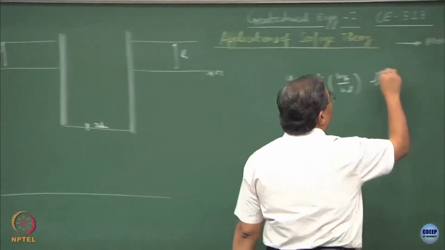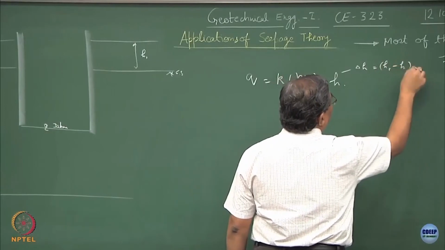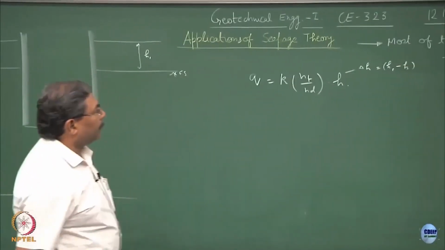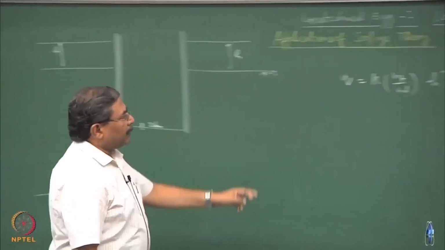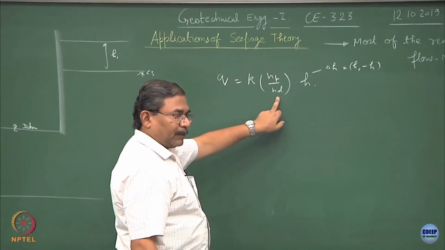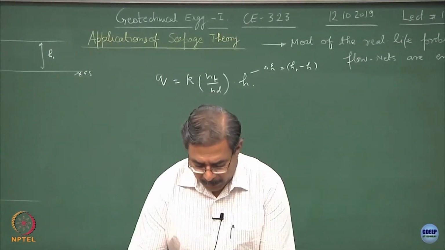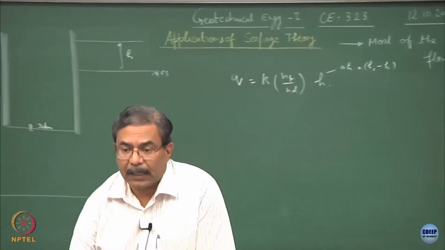So, H could be delta H, H1 minus H2. NF is the number of flow channels, ND is the number of drops of the equipotential line. Having done the flow net, start counting.